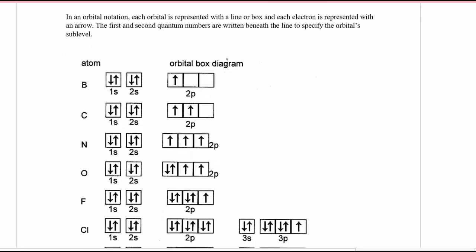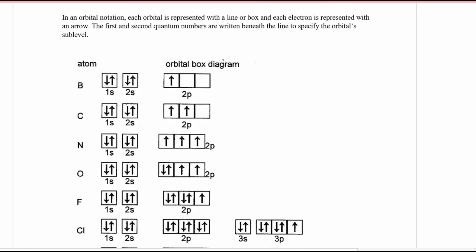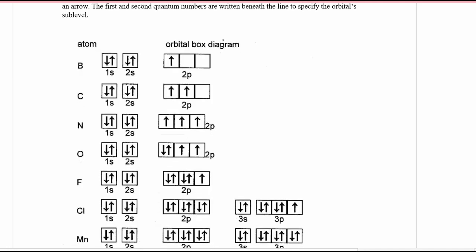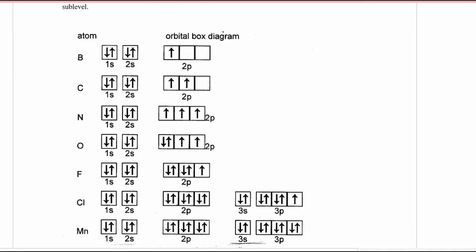In an orbital notation, we are basically mapping every single electron in the atom. We use either a line or a box to represent the orbital, and then we use arrows to represent each electron. Underneath the box or the line, we give the sublevel designation.